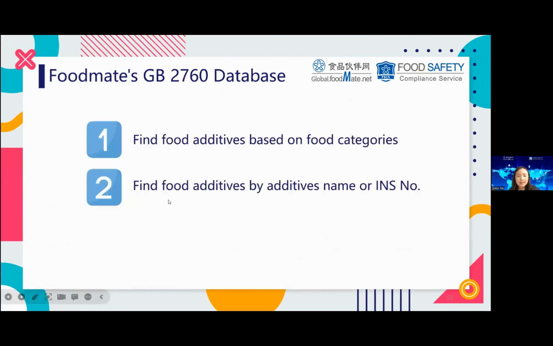And here I will show two methods to find the designated food additives. The first method is to find the food additives based on the food category, and the second method is to find the food additives by additive names or INS number.